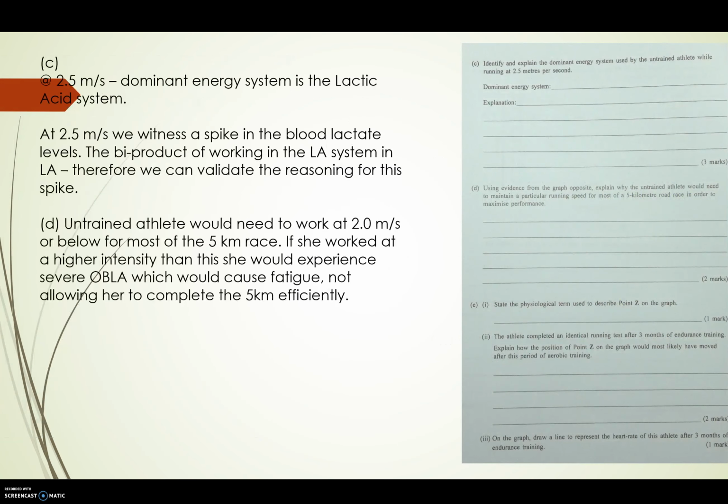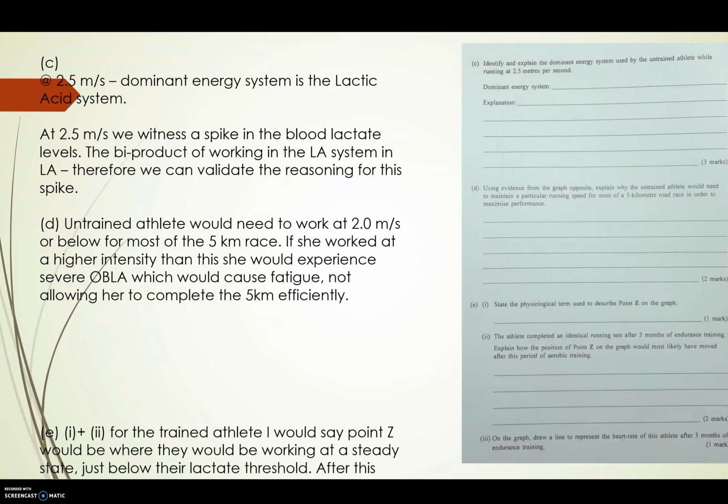So an untrained athlete would need to work at 2 meters per second or below for most of the 5 kilometre race. If she worked at a higher intensity, she would experience a severe OBLA, which would cause fatigue, not allowing her to complete the 5 kilometres effectively or efficiently. So she needs to work below that because anything above that is experiencing OBLA. If we're experiencing lactic acid accumulation, then we're going to be fatigued.